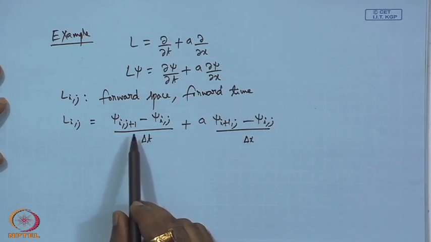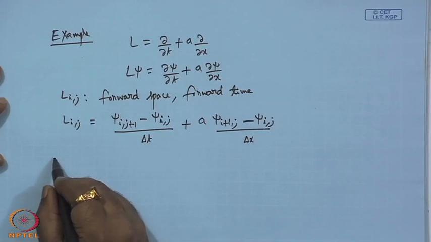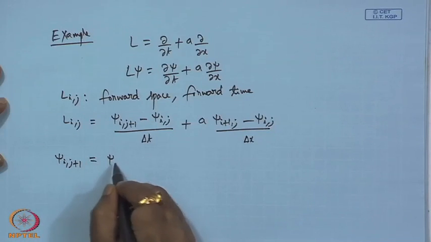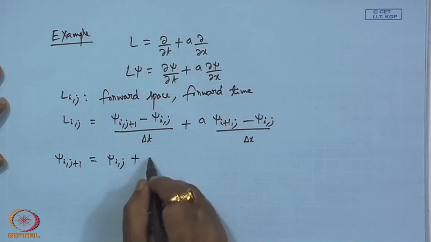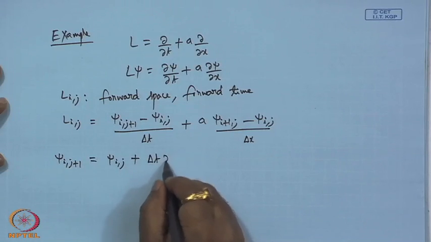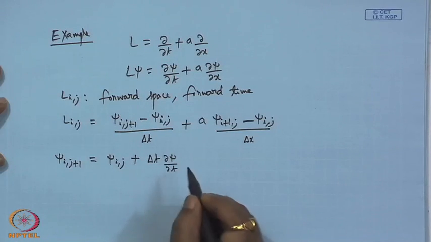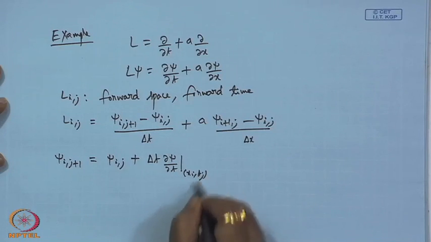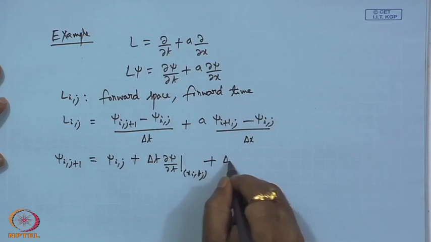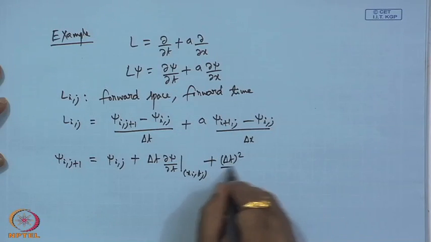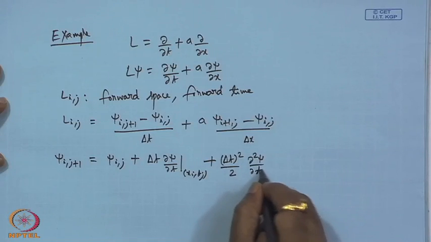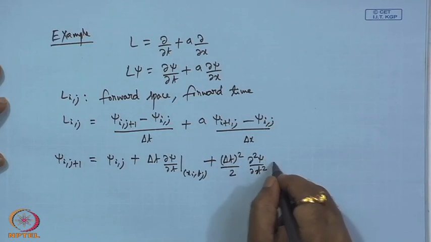Okay. So, let us expand psi I j plus 1, so this is evaluated at this point, delta t square again evaluated at this point, okay, plus.